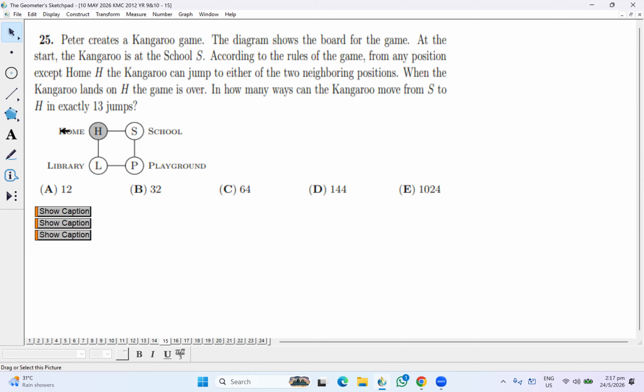When the kangaroo lands on H, the game is over. In how many ways can the kangaroo move from S to H in exactly 13 jumps?